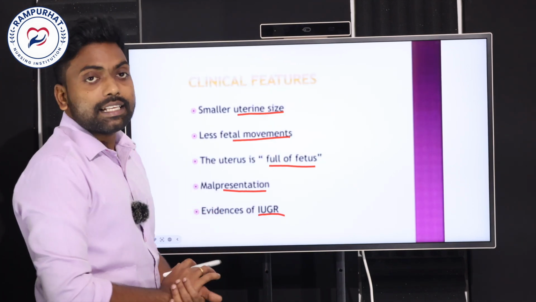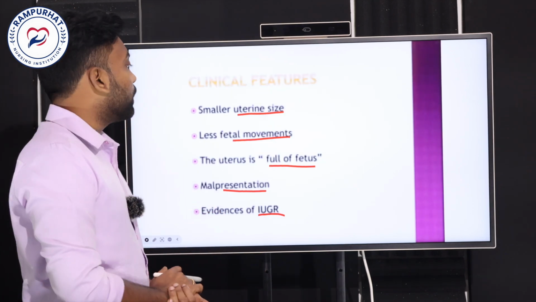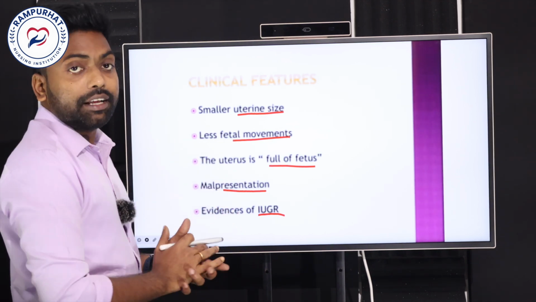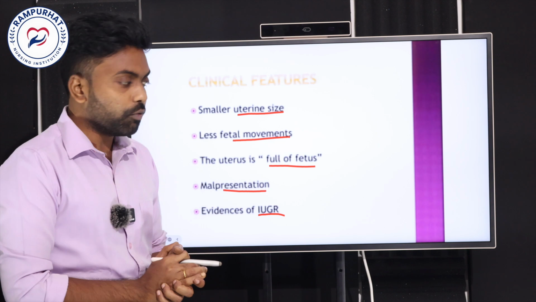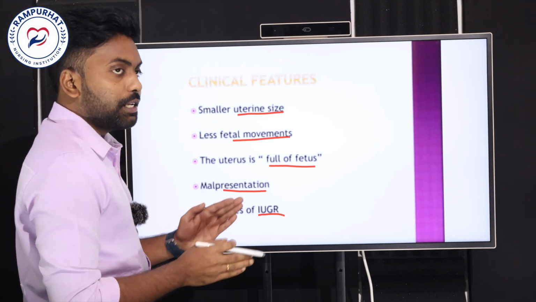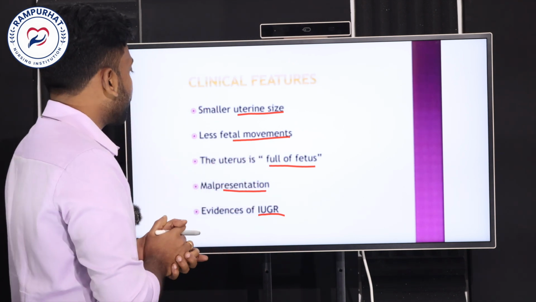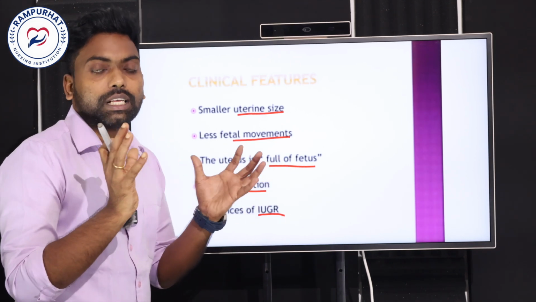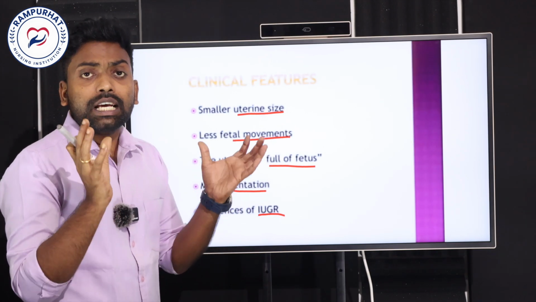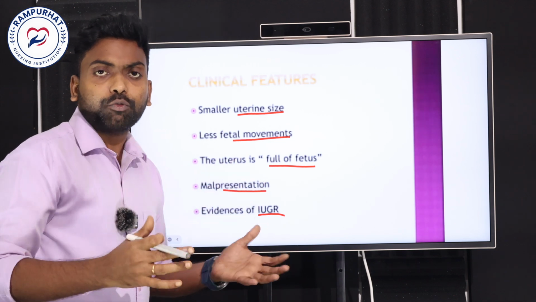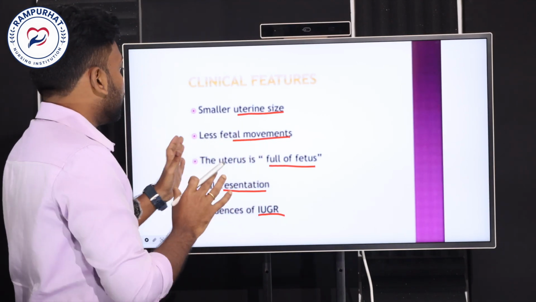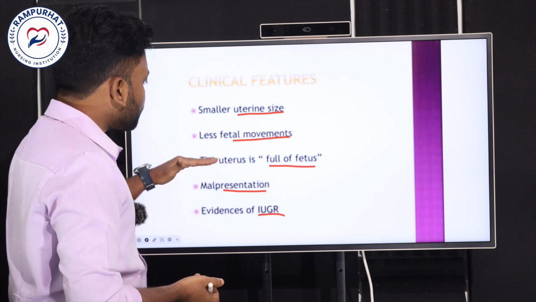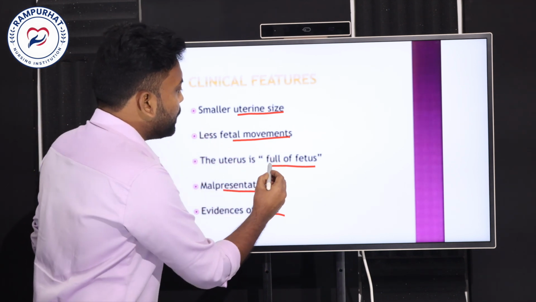So what are the signs and symptoms in the case of oligohydramnios? If the mother has less amniotic fluid within the womb, there will be a smaller uterine size, and less fetal movements. If there is no sufficient amniotic fluid within the womb, the fetal movement may get disturbed, and the uterus feels crowded by the fetus.